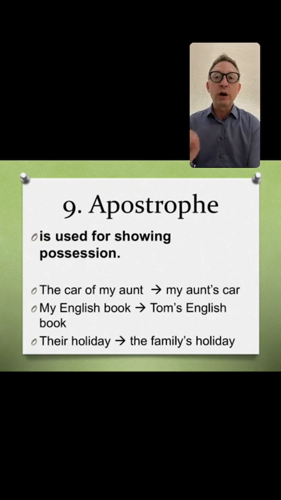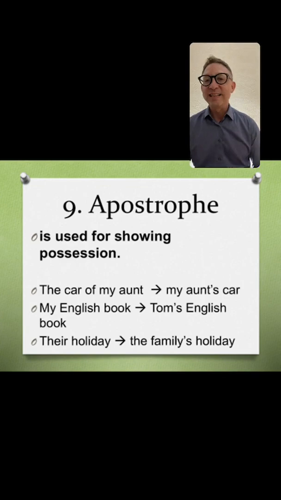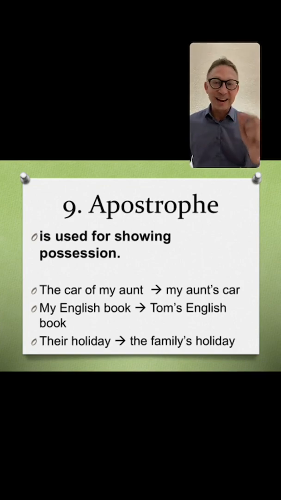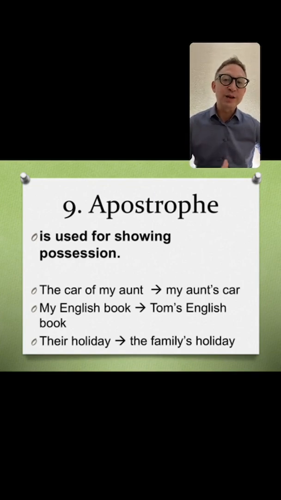Instead of saying the car of my aunt, or aunt in America, aunt in Britain, I don't speak British English very well, so I say aunt, something in the middle. My aunt's car. We have aunt, possessive, plus the S. And that shows that it's the car of your aunt.